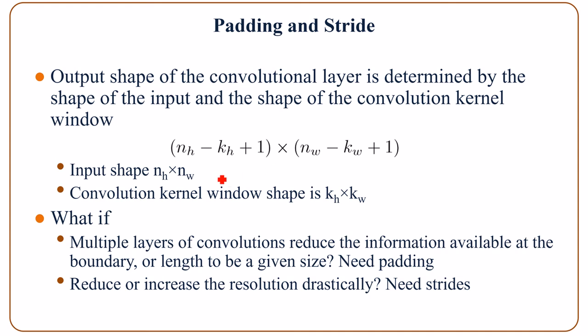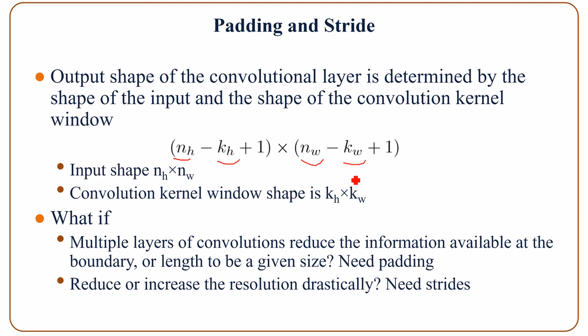Here we rewrite the formula for the output shape of the convolutional layer using nh and nw for the shape of the input image, and kh and kw for the shape of the convolutional kernel.